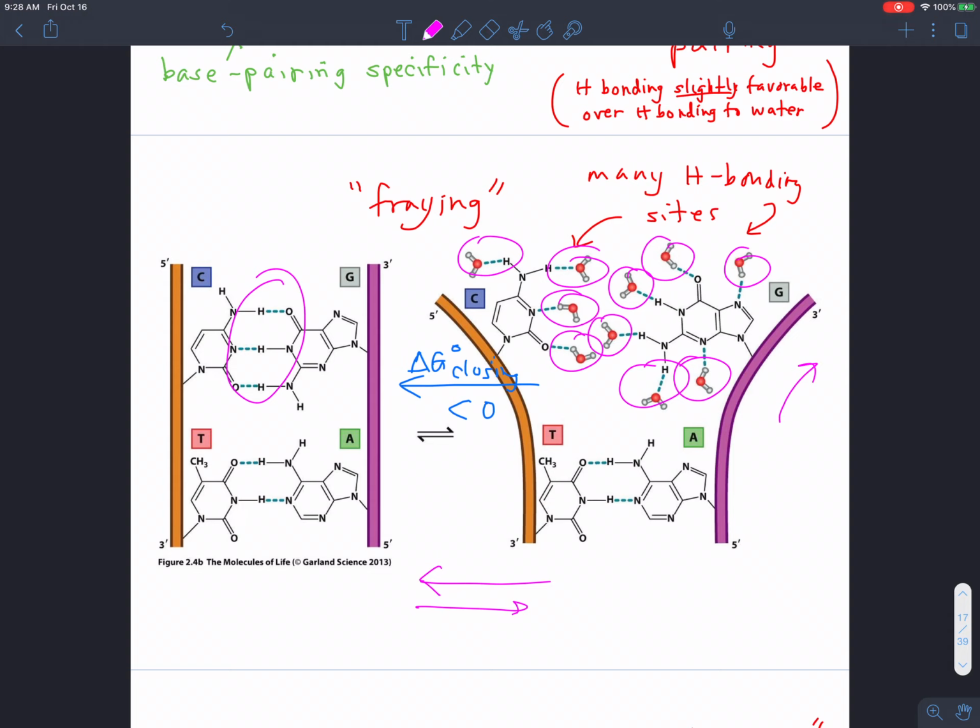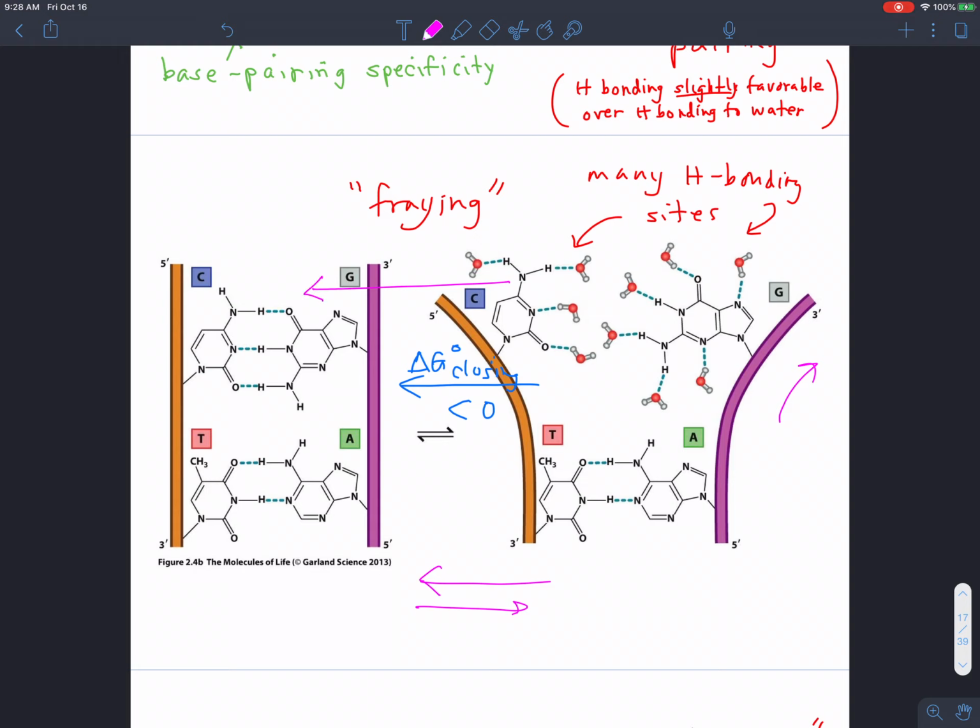And you can see that once the base is exposed to water, there are a whole lot more hydrogen bonding sites. There are a lot more than 3 in the final open state than there were in the closed state. So even though each of these water hydrogen bonds is weaker than the hydrogen bonds within the base pair, the net hydrogen bonding interaction is still favorable when you close the base pair.